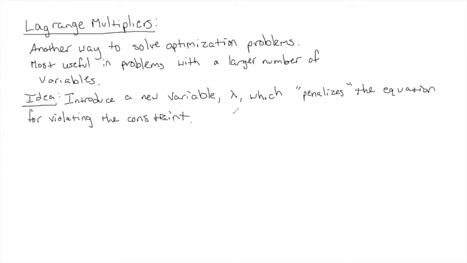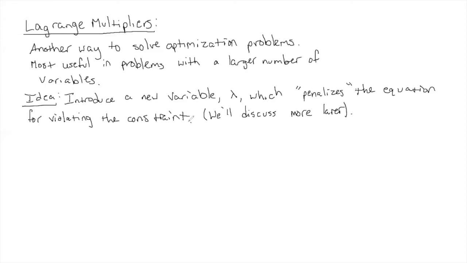And this variable is going to punish us for violating the constraint. Now, what does that mean? We'll discuss more later when we talk about how we can interpret lambda.